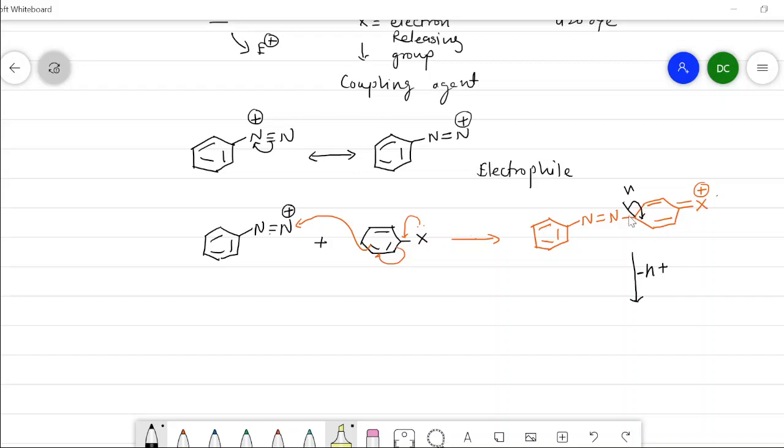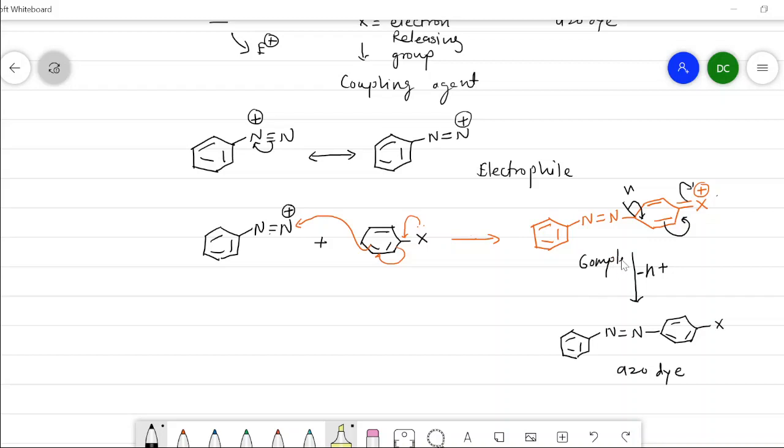Then it will shift the electrons here and there is a regaining of aromaticity, so that we get the azo dye, N double bond N attached to the aromatic ring, with a double bond here and X. In this way, in the first step, there is an attack of the other compound, which has X as the electron releasing group, on the nitrogen, and then formation of a complex.